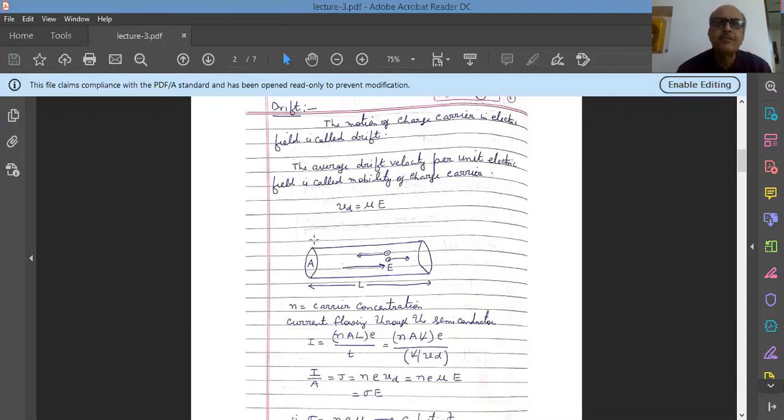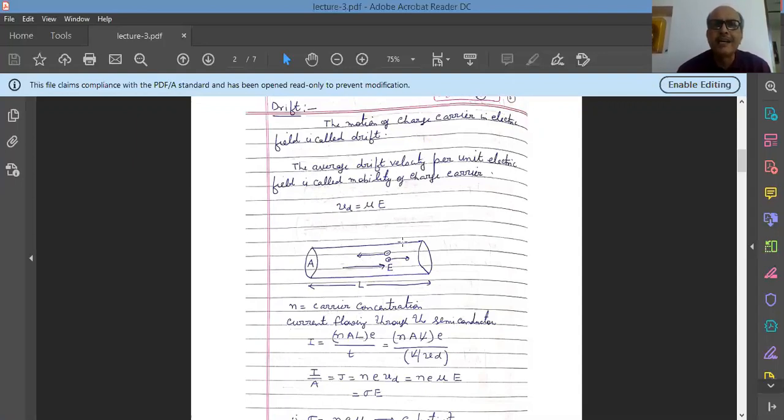We take a small piece of the wire through which the current is flowing, and the length of that piece is L. The area of cross section is A, and suppose n is the electron concentration, the number of electrons per unit volume. In this rectangular piece of wire, the number of electrons will be n A L, because A times L is the volume of this small piece of conductor, and e is the electronic charge.